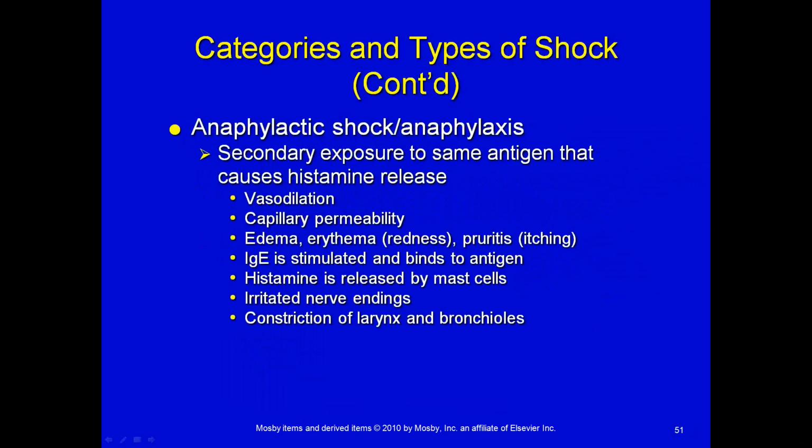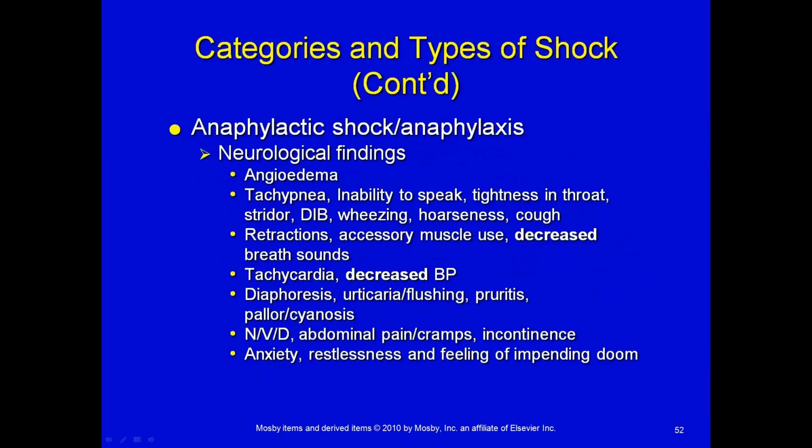and as the histamine continues to be released by the mast cells, they irritate nerve endings, they cause constriction of the larynx and bronchioles, can cause angioedema, tachypnea, tightness in the throat or chest, stridor, difficulty in breathing, wheezing, hoarseness, cough. You can get accessory muscle use from having to work so hard to breathe, tachycardia, drop in blood pressure when the vessels fully dilate.